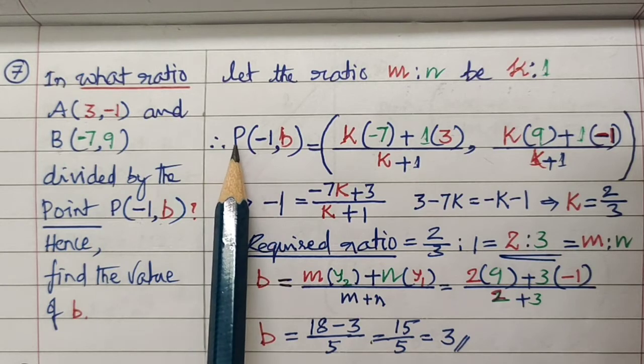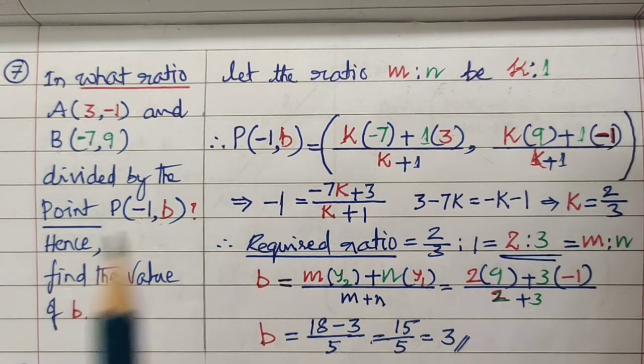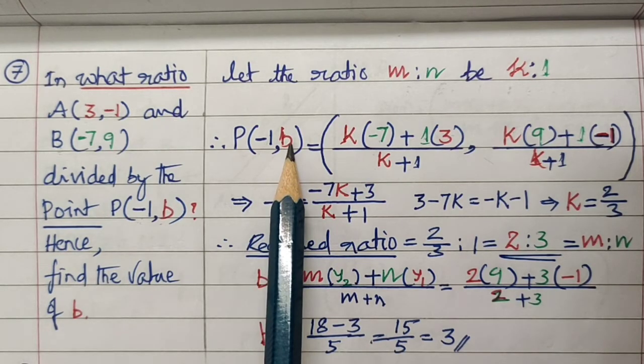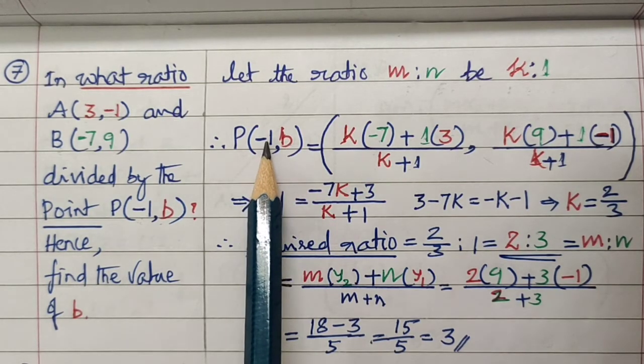They have given the point P as (-1, b). Let us use -1, because we don't know the value of b. Equate this -1 with the x value.